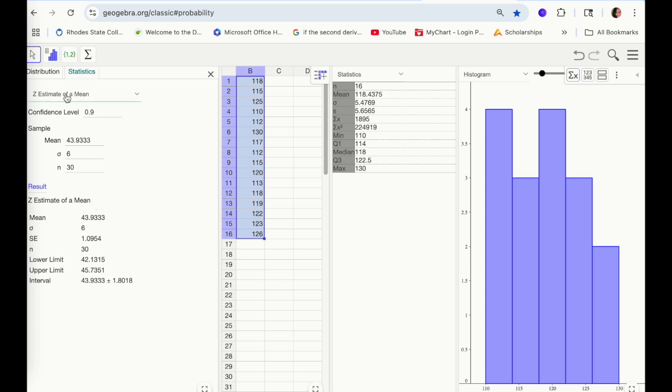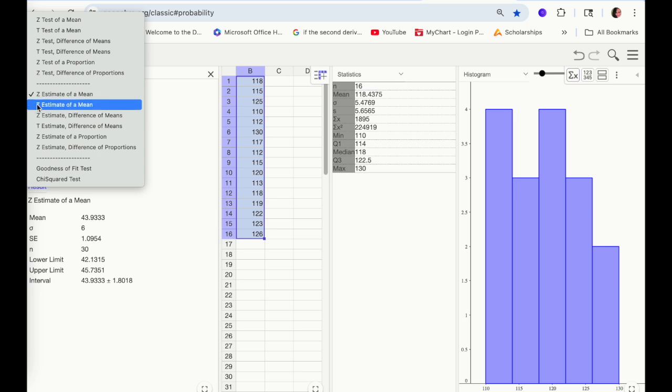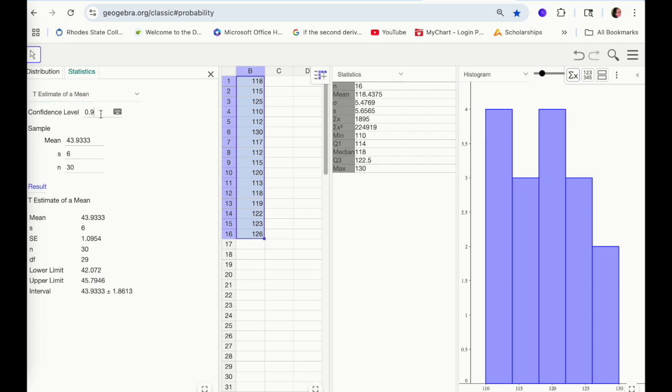Now, since we're doing a T interval, not a Z interval, because we don't know what the population standard deviation is, I'm going to make sure that I choose T estimate. And then I enter all the values like I normally would. So this is a 95% confidence level.